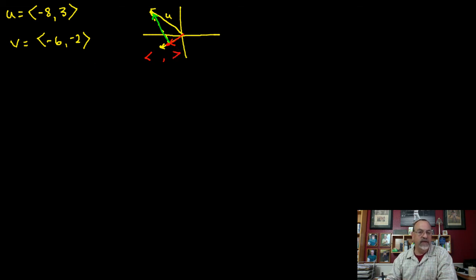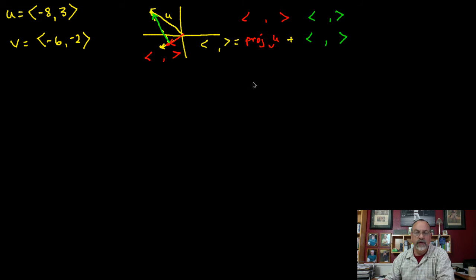And if I took the components of the red vector, which is the projection of u onto v, and I added that to the orthogonal vector, which would be the green one, if I added those two together, that will give me the u vector.